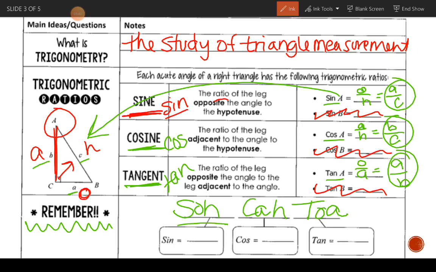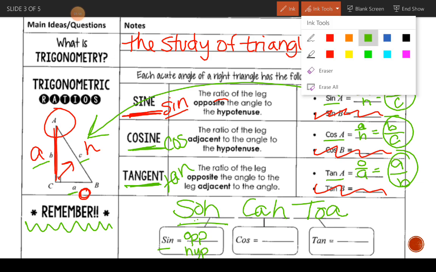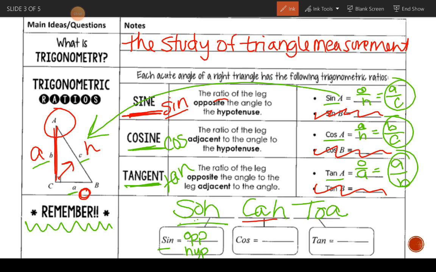So this is what it is: SOH. The S stands for sine, the OH stands for opposite over the hypotenuse. Okay, CA: the C stands for cosine, which is equal to the adjacent over the hypotenuse.